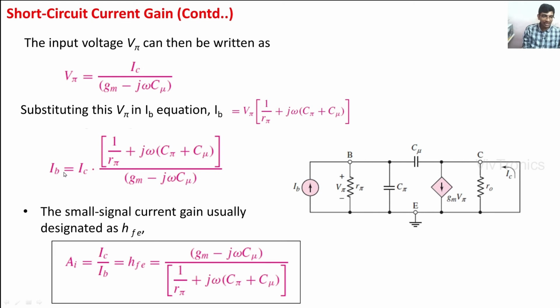So from this equation we can write IC divided by IB, which is the reverse of this entire term. Therefore Gm minus j omega c mu divided by 1 by R pi plus j omega c pi plus c mu. This is the short circuit current gain of the CE amplifier section.